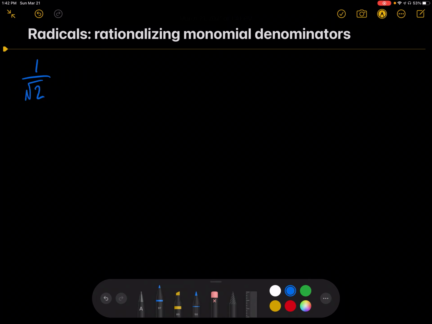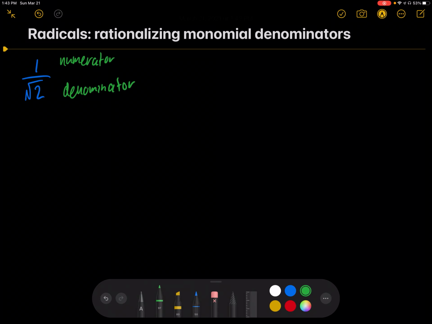So we know that the top part is the numerator, and the bottom part of the fraction is the denominator, and unfortunately, something that you'll learn in algebra and you just have to remember is you can't have a square root in the denominator.